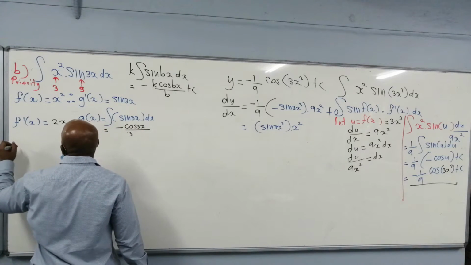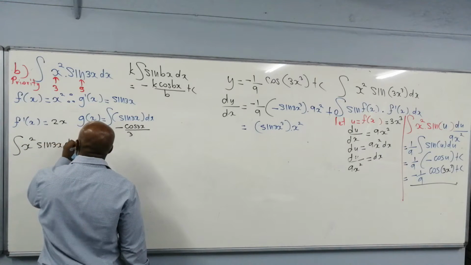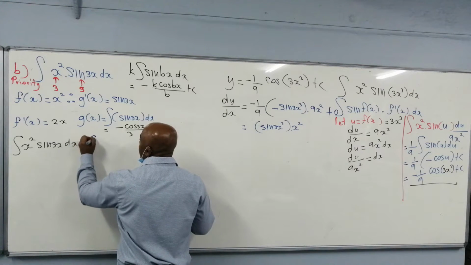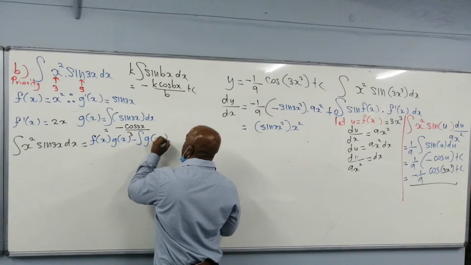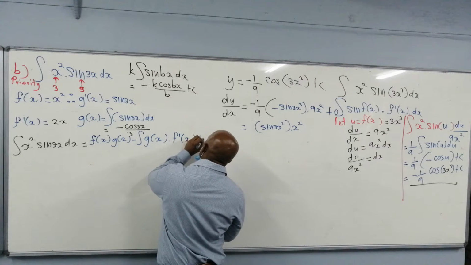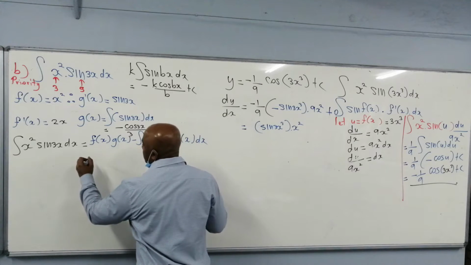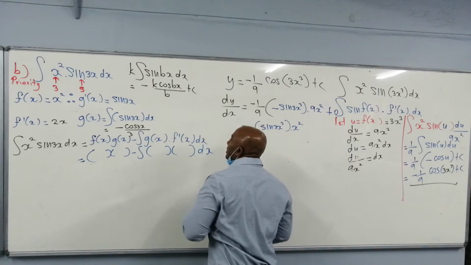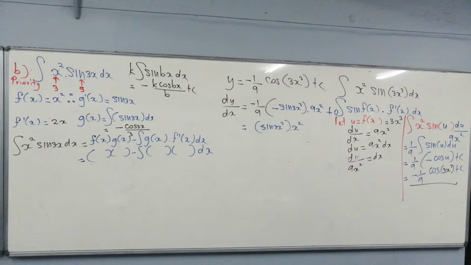Now, we're going to go the integral of x squared sine 3x dx. We copy down the integration by parts formula, which is f of x g of x minus the integral of g of x f prime x dx. And now we do our substitution. Let me give you 2 minutes to just do the substitution and the simplification.